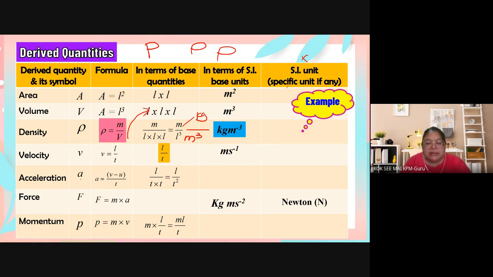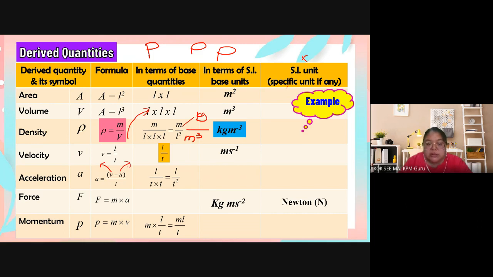Okay, the next one is acceleration. Acceleration means increasing speed. Velocity is speed, acceleration is when you keep increasing your speed, like I run faster. That's called acceleration. Okay, acceleration, the formula is v minus u over t. v means velocity.